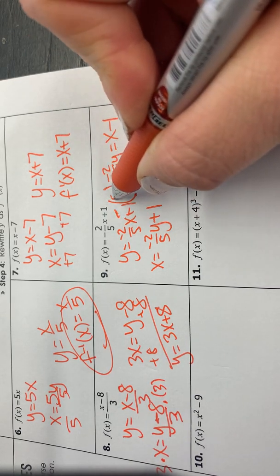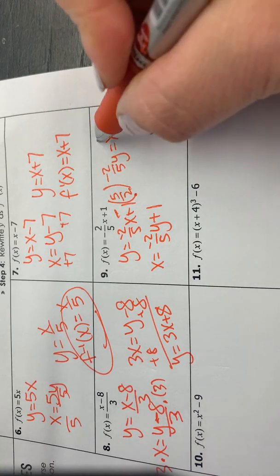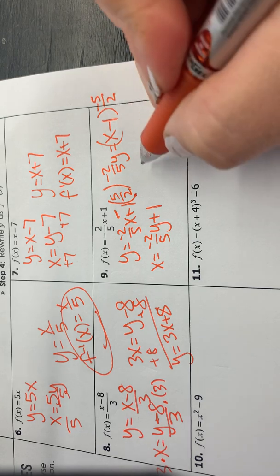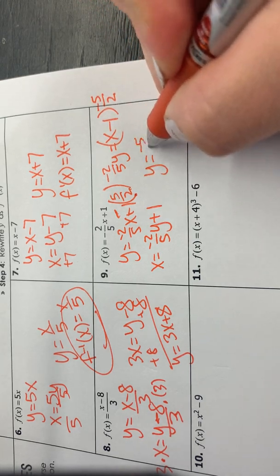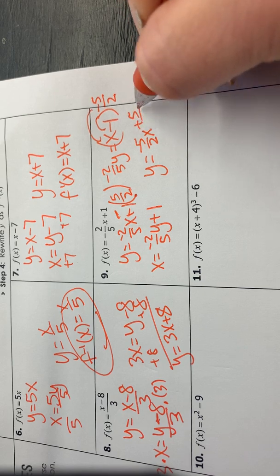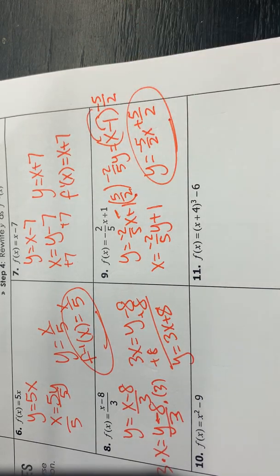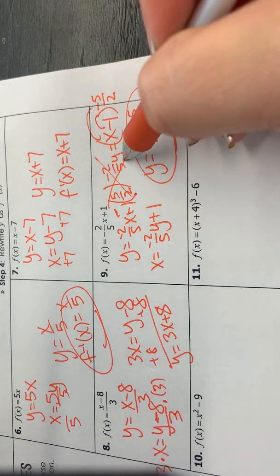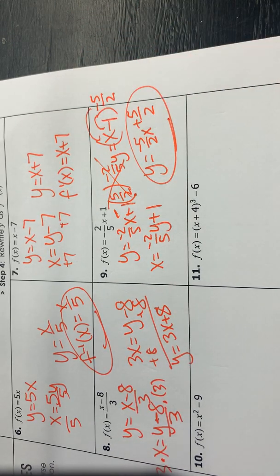It's still going to be negative, but 5 over 2. Multiply by the inverse of that. So I would distribute that to be plus 5 over 2. Because these right here would cancel. Those would cancel and we would distribute that, right?